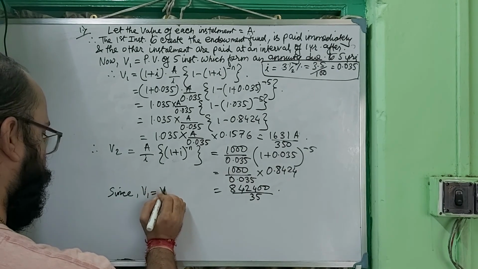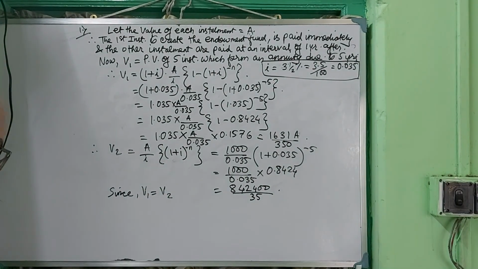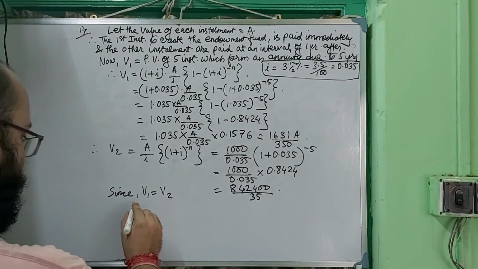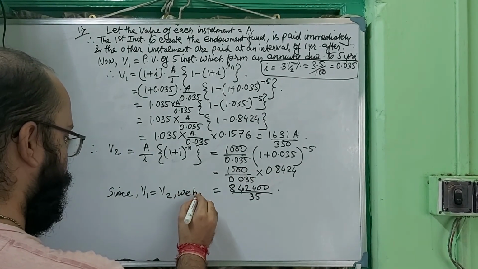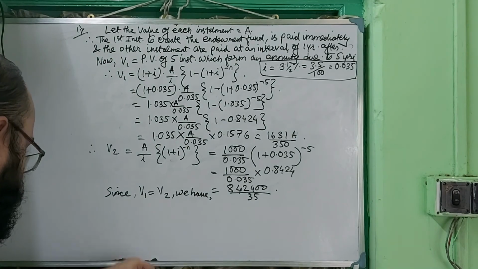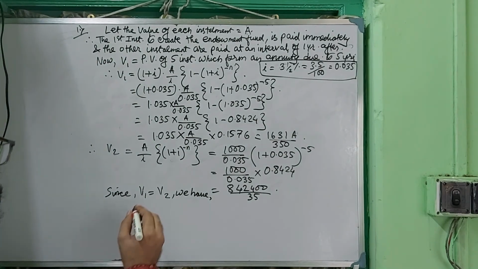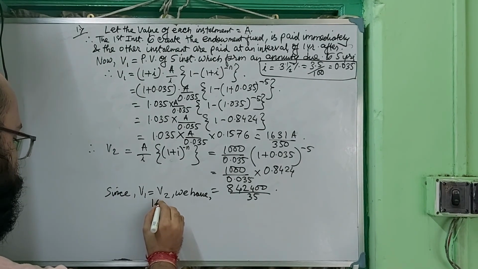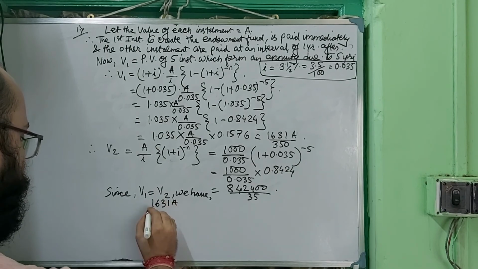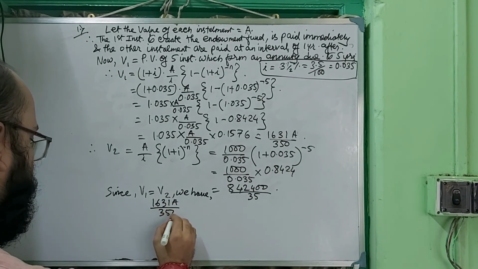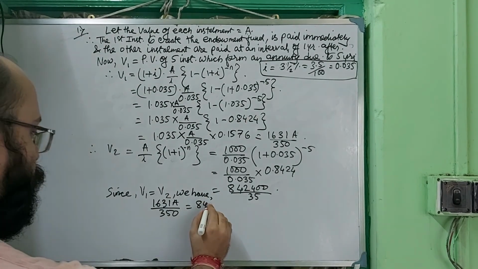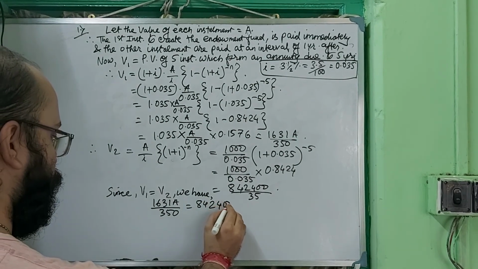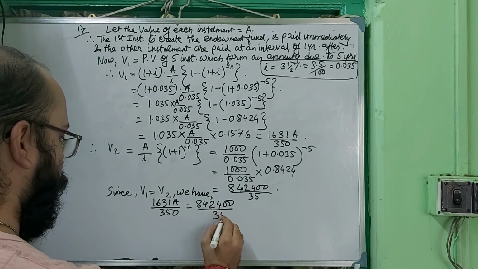Since V1 is equal to V2, obviously we have to calculate that. We have 1631A by 350 is equal to 842400 by 35.